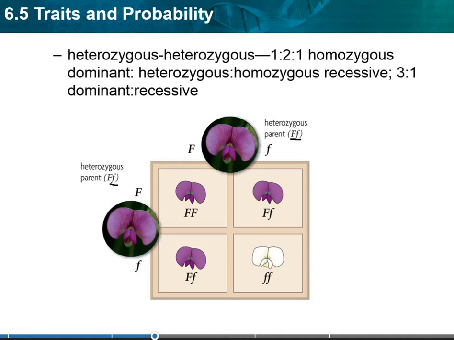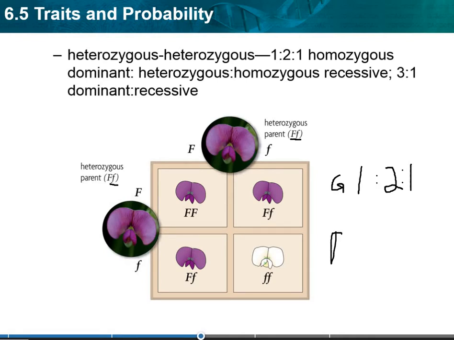And then the genotypic ratio, there's one that is capital F, capital F. So that would be 1. And then you have 2 that are heterozygous. And you have 1 that is homozygous recessive. So that's the genotypic ratio.